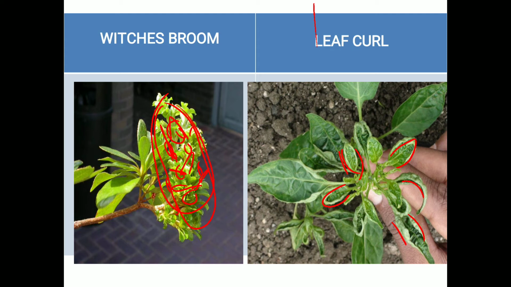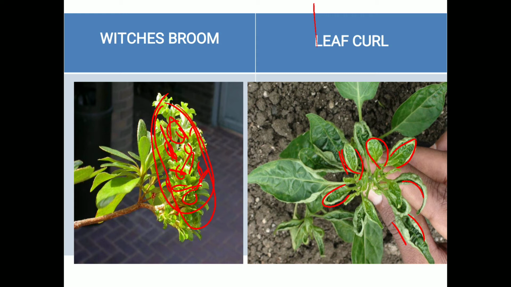Then leaf curl. Due to infection of virus, curling of the leaves takes place from the downside to upside. This is a viral infection, mostly transmitted by sucking-type insects such as thrips, mites or whitefly, which are responsible for transmission of leaf curl virus.